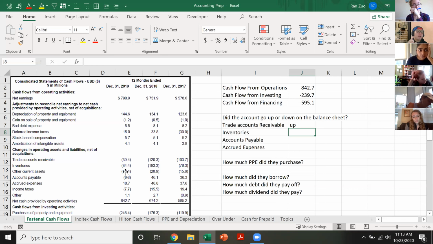Inventories also play with accounts receivable. When you make adjustments for both of those accounts, it reflects what happened in cash. So for this instance, we paid 84.4 for inventory. So inventories increased by 84.4, right? And you might say, okay, well, maybe you didn't pay all of it in cash, and that might be true, but that gets trued up with the accounts payable section.